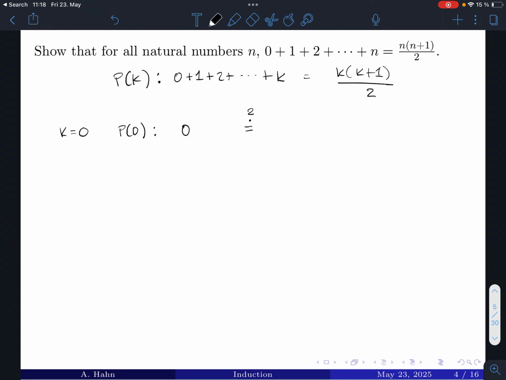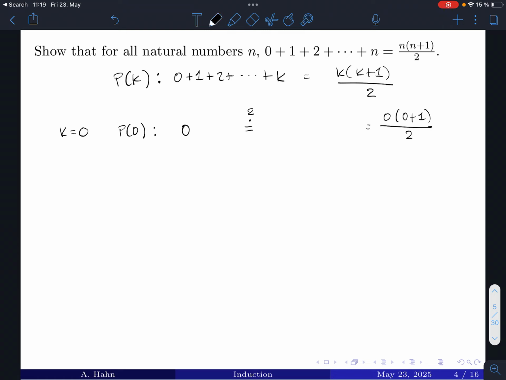It's a claim that we have to show that this is equal to 0 substituted into the right-hand side of our predicate. The claim is that that's going to be equal to 0 times 0 plus 1 divided by 2. But if we do 0 times 0 plus 1 divided by 2, so 0 times 1 divided by 2, this is just equal to 0, right?